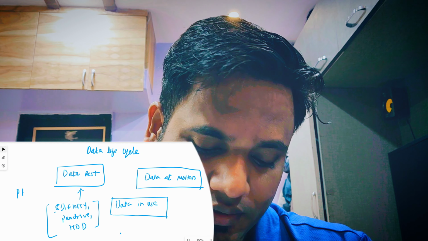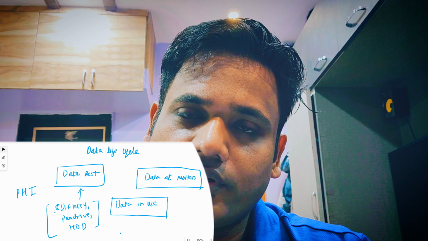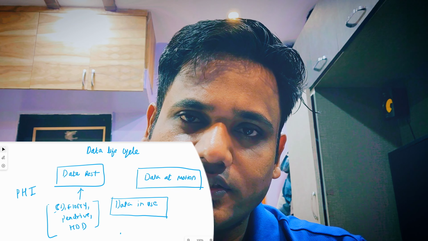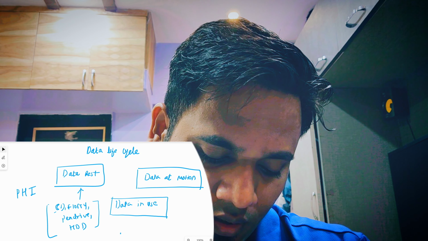For example, you are working in, say, the healthcare industry and you are an architect in that. You have important data with you. For example, there is something called PHI. This data you have on your hard disk, pen drive, or floppy disk, whatever it is.